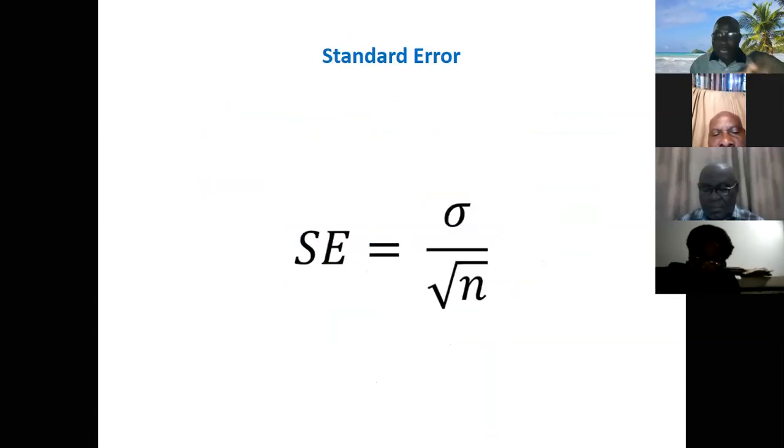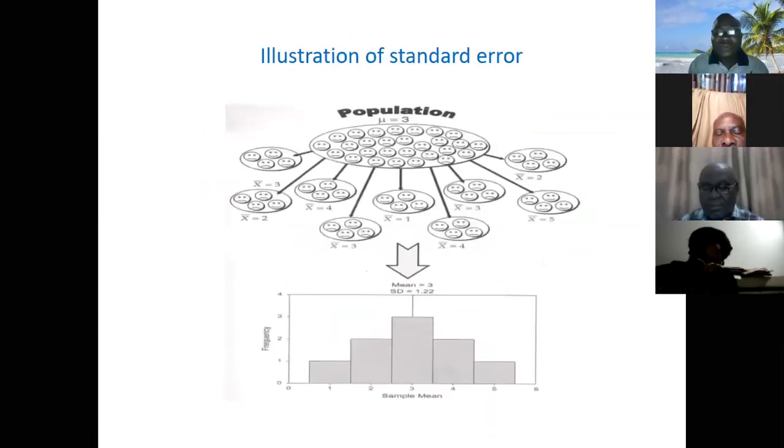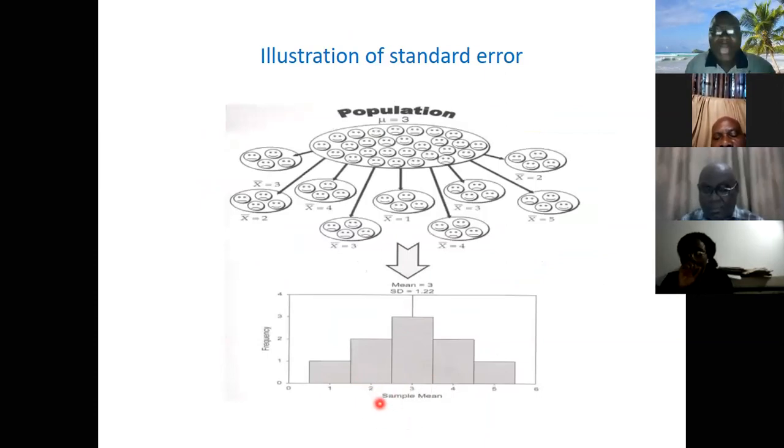Now, come back to the standard error. You will now see the mean is 3. For this sampling distribution, if you add all of them together and divide by 9, it gives you 3.